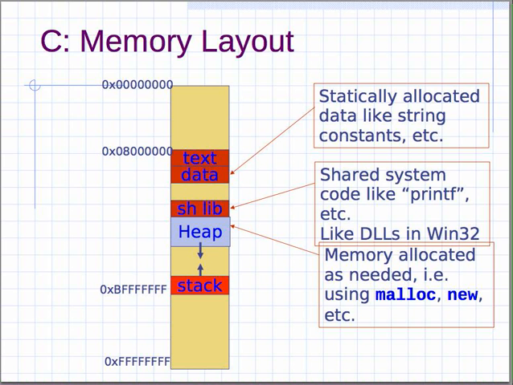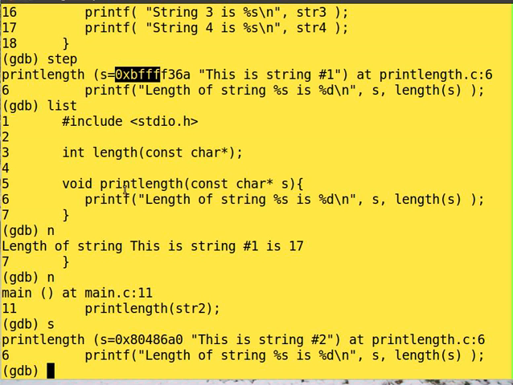So those are the kinds of addresses you want to recognize. Those two kinds of addresses. If you see something like 0xbfff and then ff or f36a, you know that's a stack address. If you see something like 08, the leading 0 might not be present, 80486A0, you know that's a heap address.